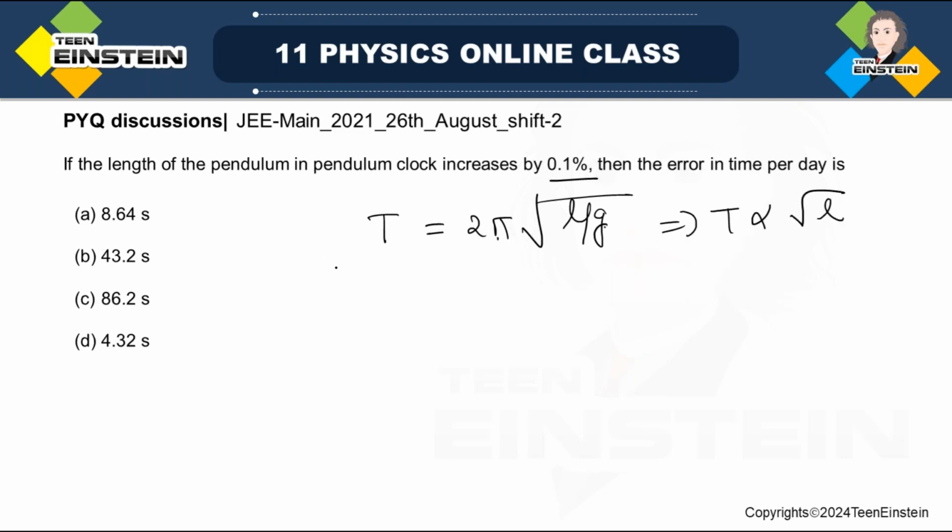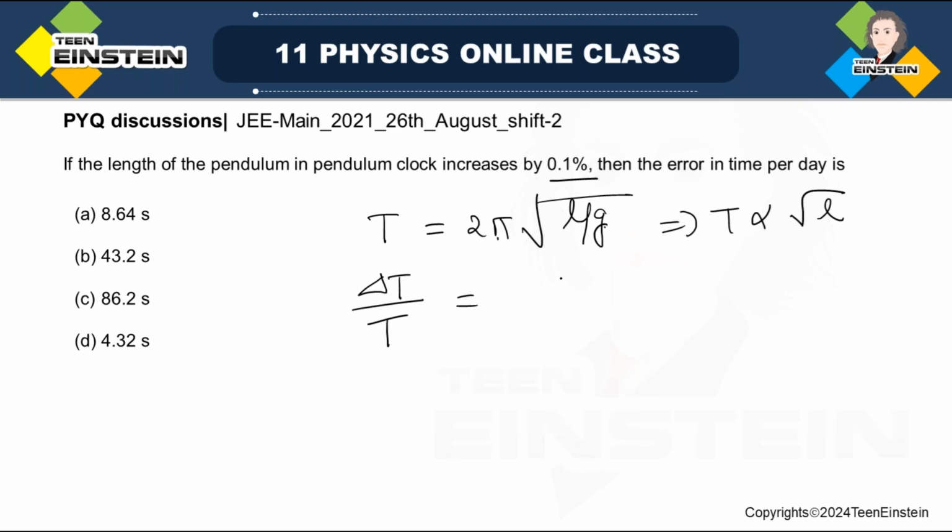Now when I'm trying to find the percentage error in that, I have to take the logarithm, and then take the derivative with respect to the individual parameters.